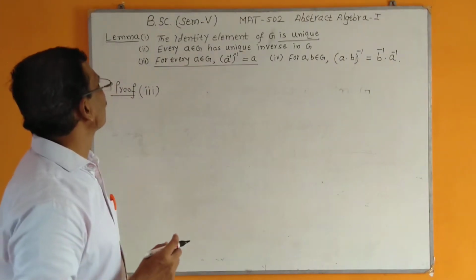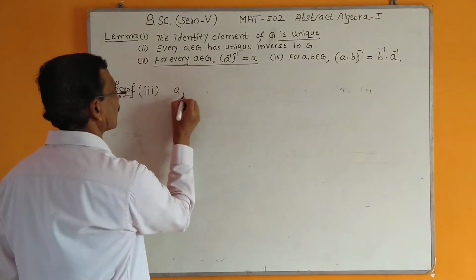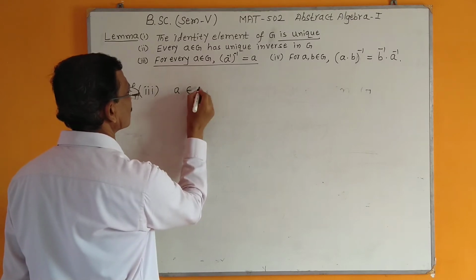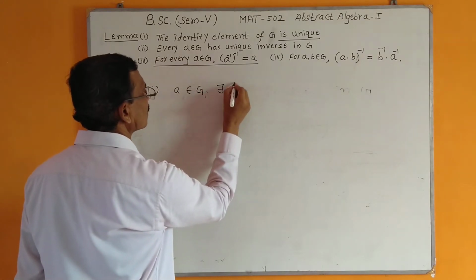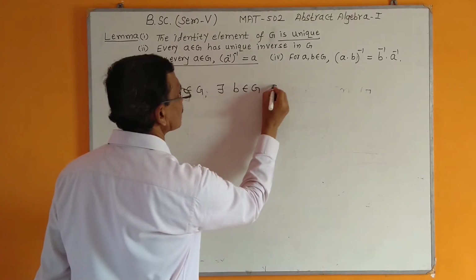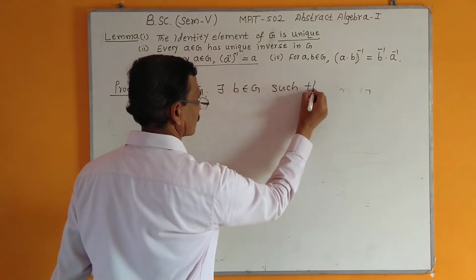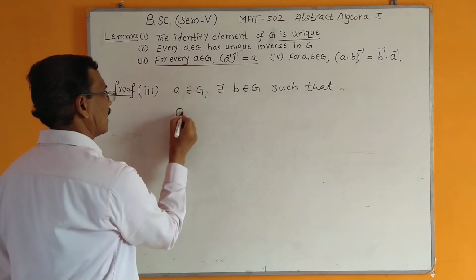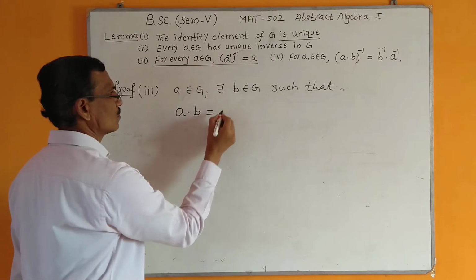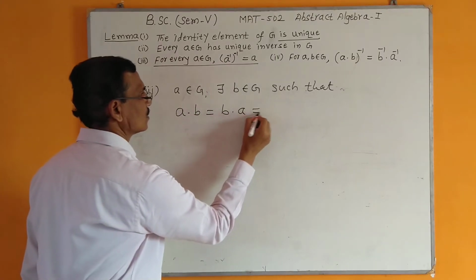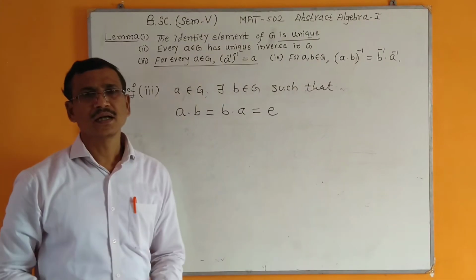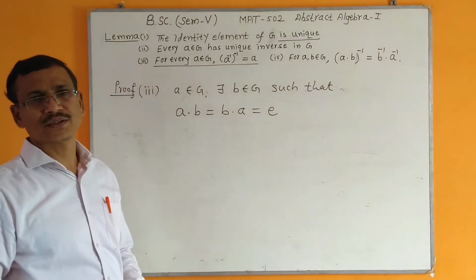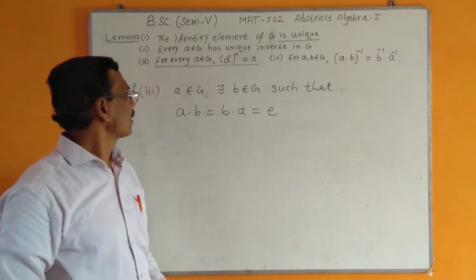Now, by the definition of inverse, for any a belongs to G, there exists b belongs to G such that a · b is equal to b · a is equal to e, where e is the identity element. We have written this equation by using the definition of inverse element.